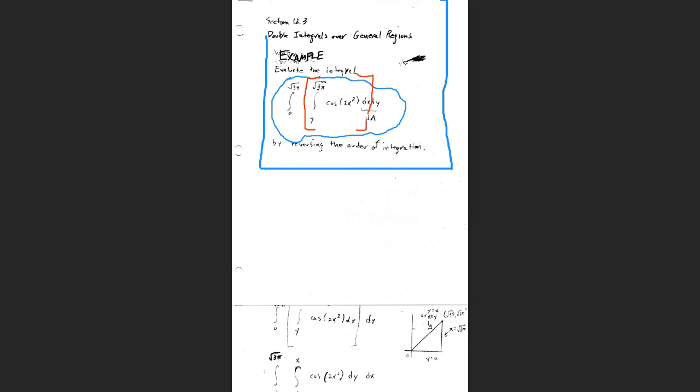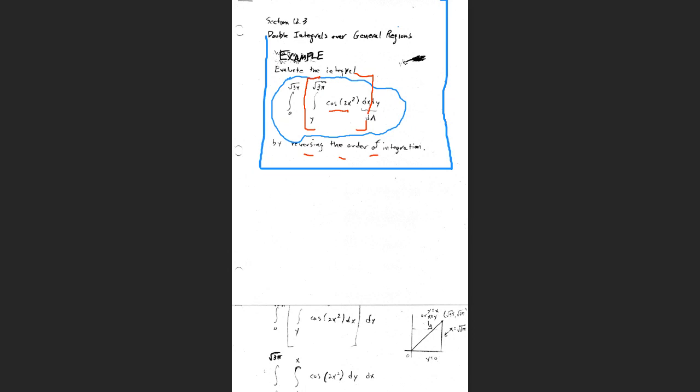So we're integrating with respect to x, and that means we would need to find the antiderivative of the cosine of 2x squared. Now, the antiderivative of the cosine of x is the sine of x. But what's the antiderivative of the cosine of 2x squared? We don't know. It probably doesn't even exist. So this is why they say reverse the order of integration. We cannot evaluate the integral unless we reverse the order of integration.